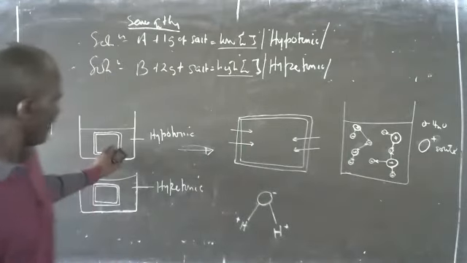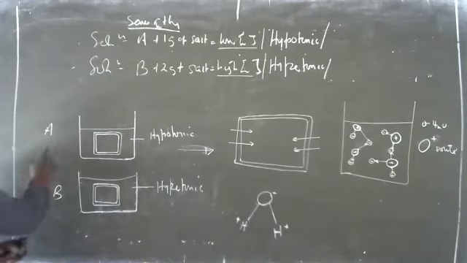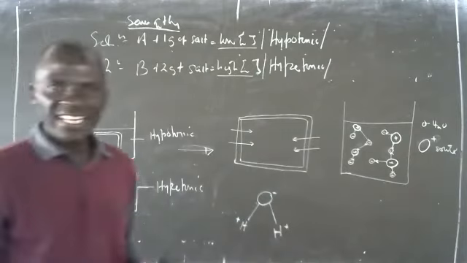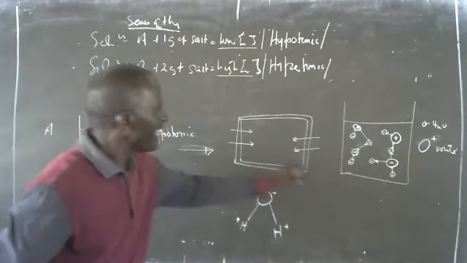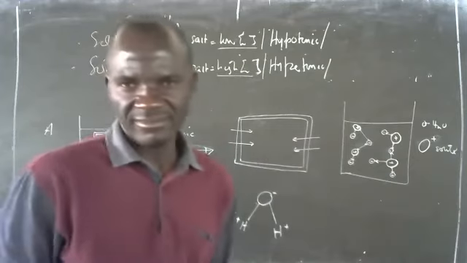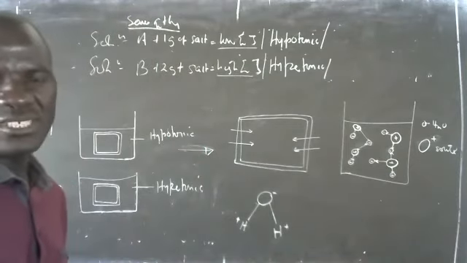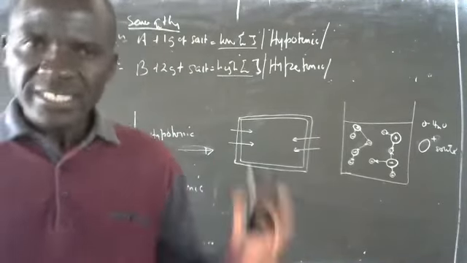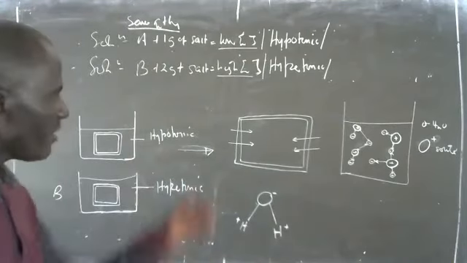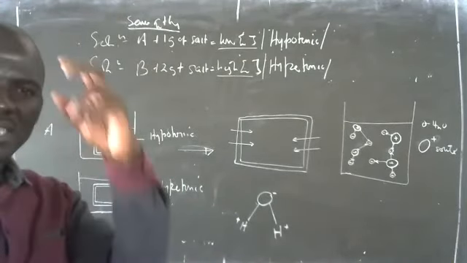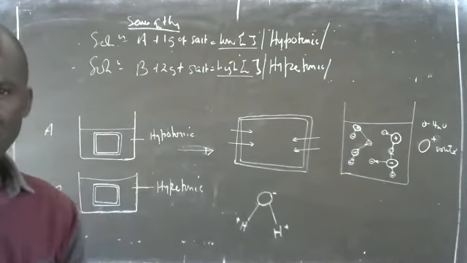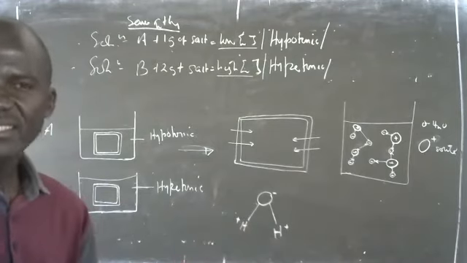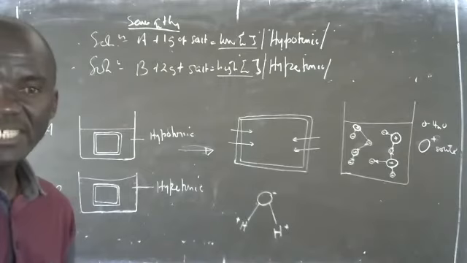Now, in this instance here, solution A, this cell, which was inside this solution, which is hypotonic, that means that the cell has a higher concentration. It has too much solute dissolved. That doesn't mean that it is dry. No, it has water molecules. But because of higher concentration of solute, most of its water molecules are attracted by the solutes, so they can't move.